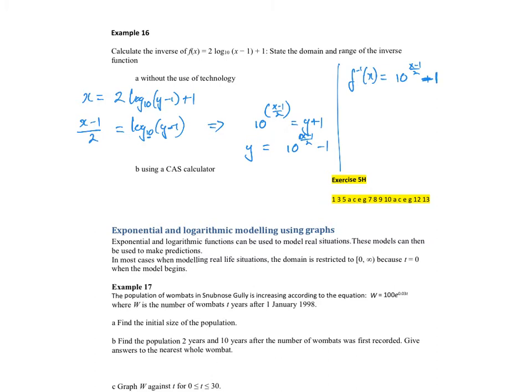So don't forget, we've also got to state the domain and range of the inverse. So the domain of the inverse is the range of the original. Range of the inverse is the domain of the original. So what do I know about this graph here? Well, the domain of that is for x is greater than 1, all right, because I can't have natural log of a negative number, or log base 10.